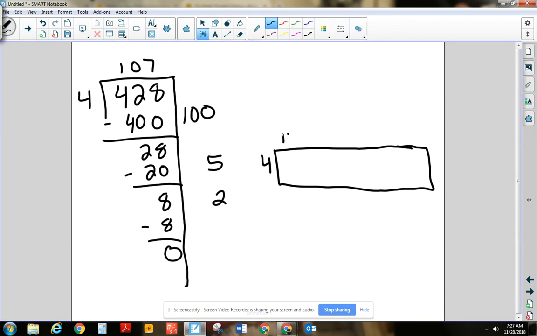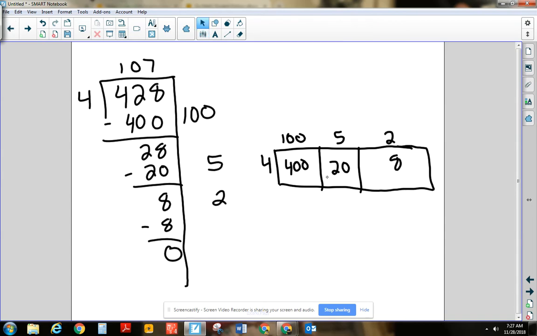Let's do 4 times 100. Gives me a total of 400. Then we can do 4 times 5 is 20. And then 4 times 2 is 8. 428. Then I have my 107. Lots of kids say this is 152. Make sure you're paying attention to the place value.